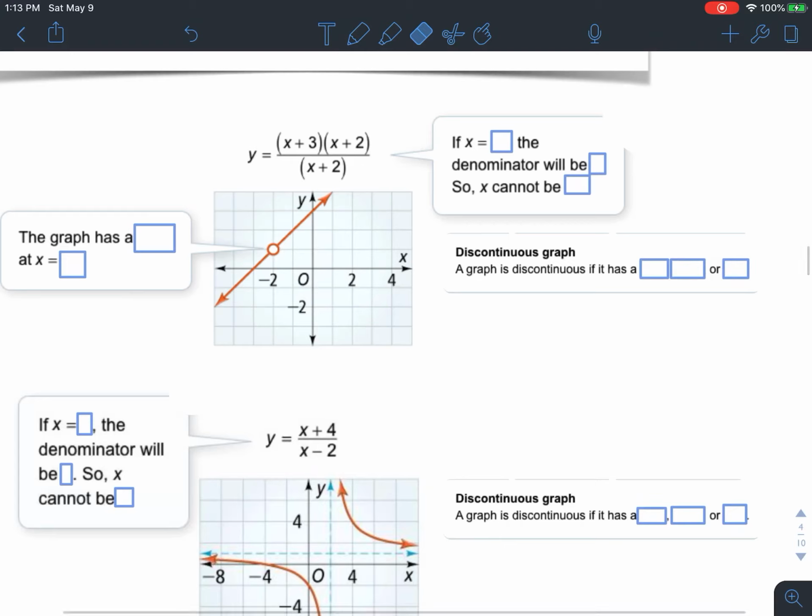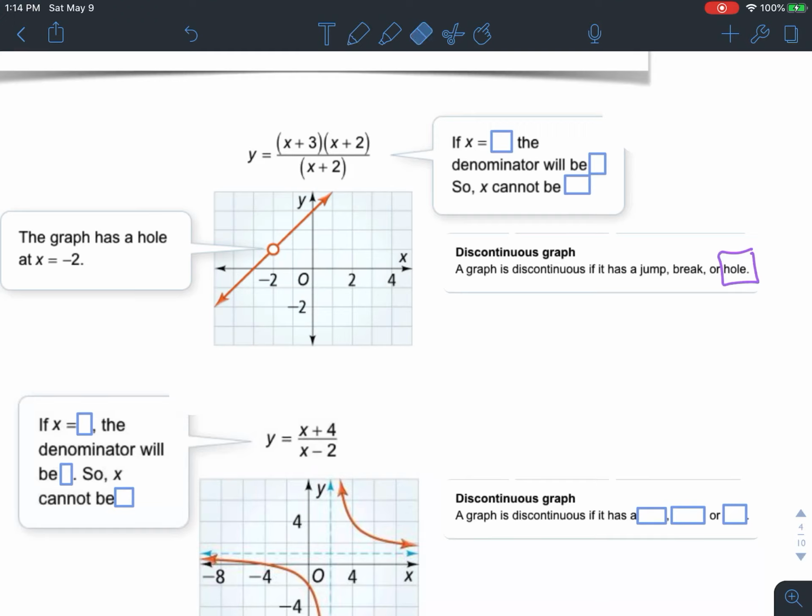Okay, here's another example. This is x plus 3 times x plus 2 over x plus 2. This graph has a hole at x equals negative 2. You can see it there. So that's not a continuous graph. This is discontinuous because it has not a jump or a break, but a hole.